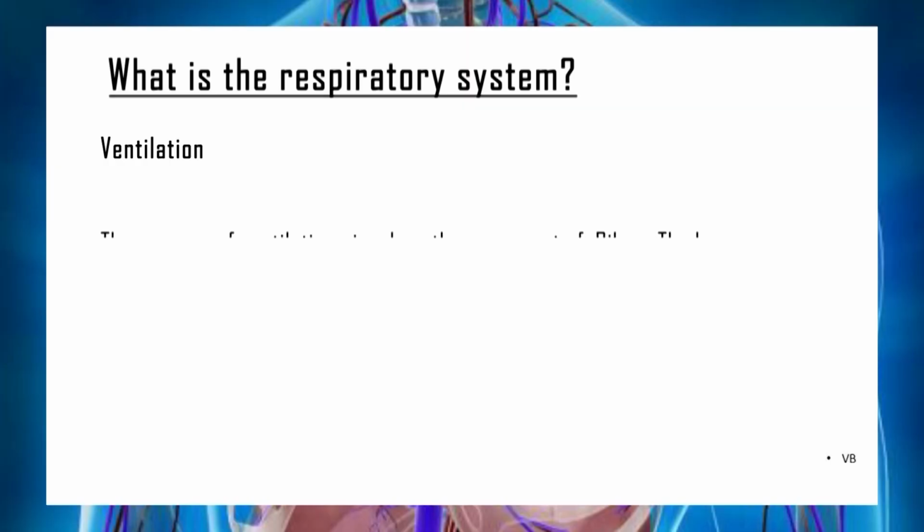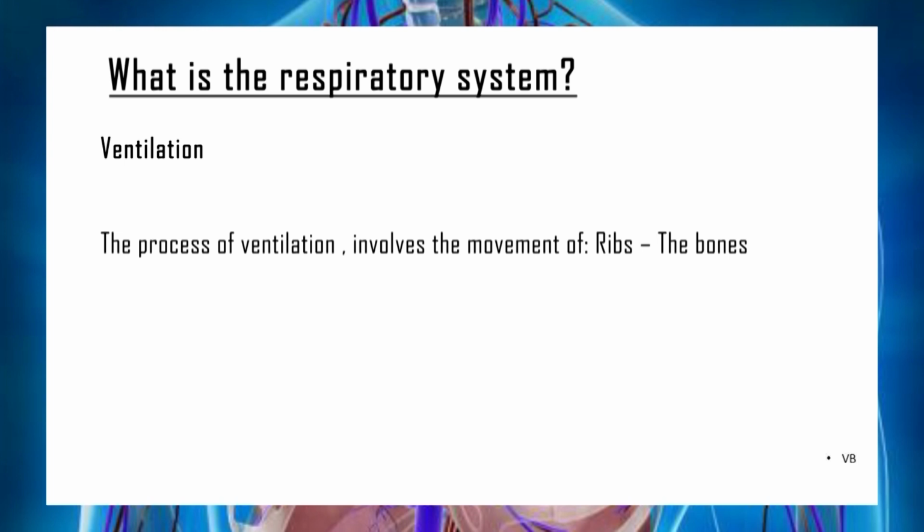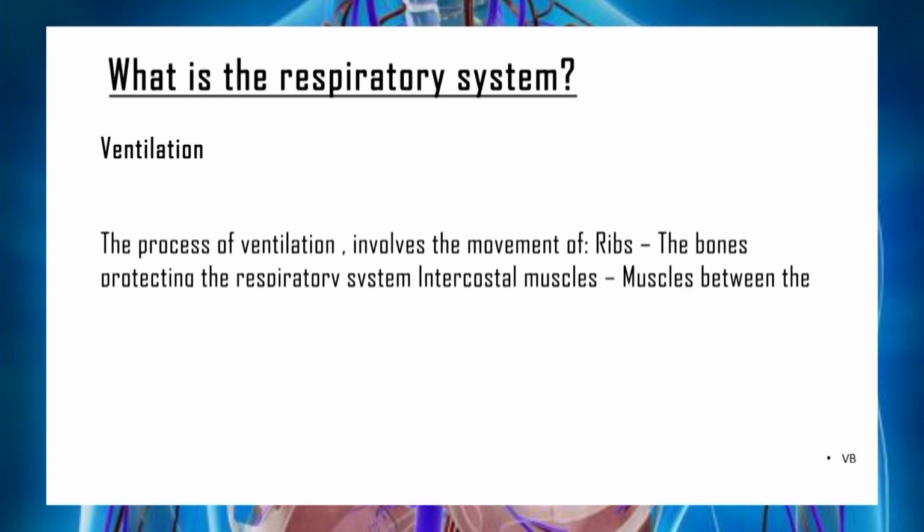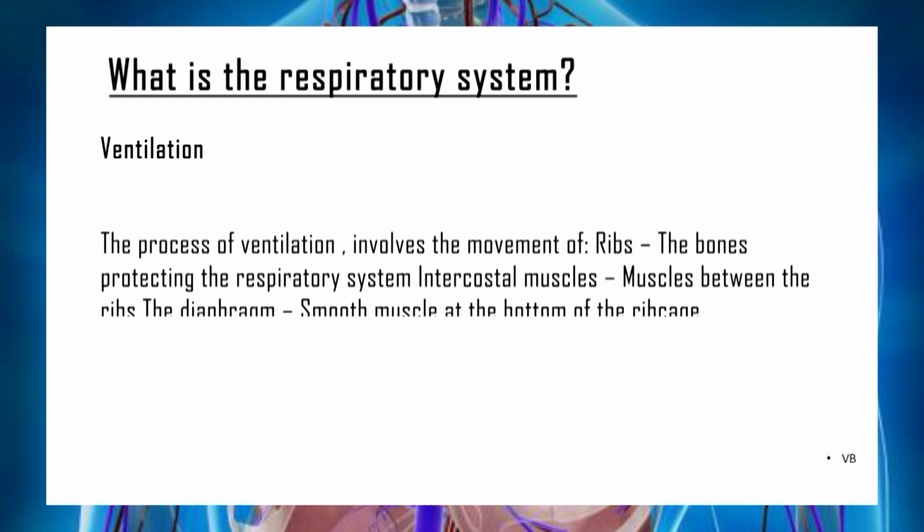The process of ventilation or breathing involves the movement of the ribs, the bones protecting the respiratory system, the intercostal muscles, the muscles between the ribs, and the diaphragm. The diaphragm is the smooth muscle at the bottom of the rib cage. Now, inhalation, that means breathing in.